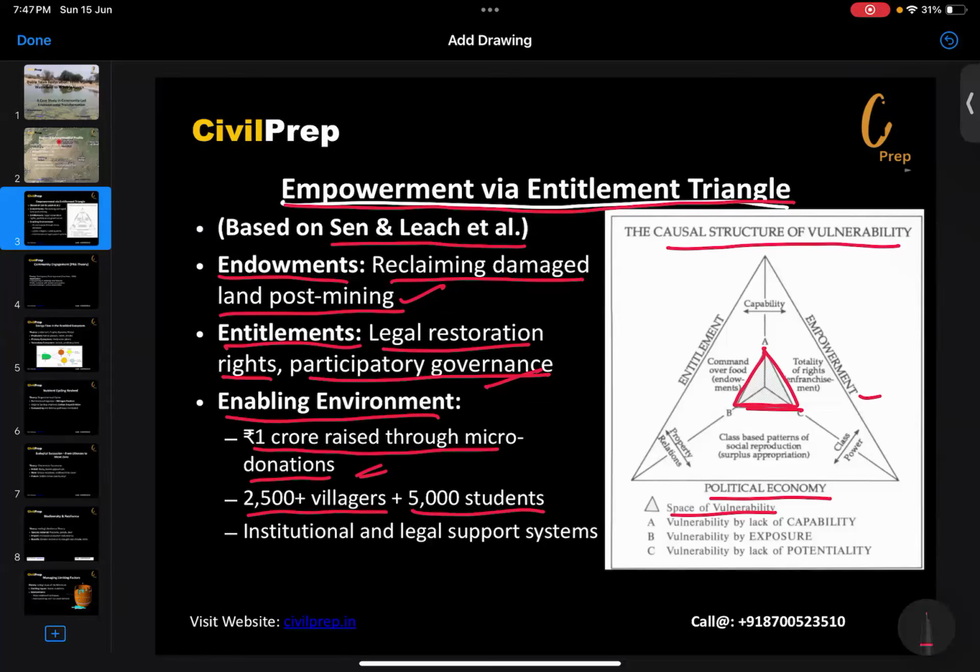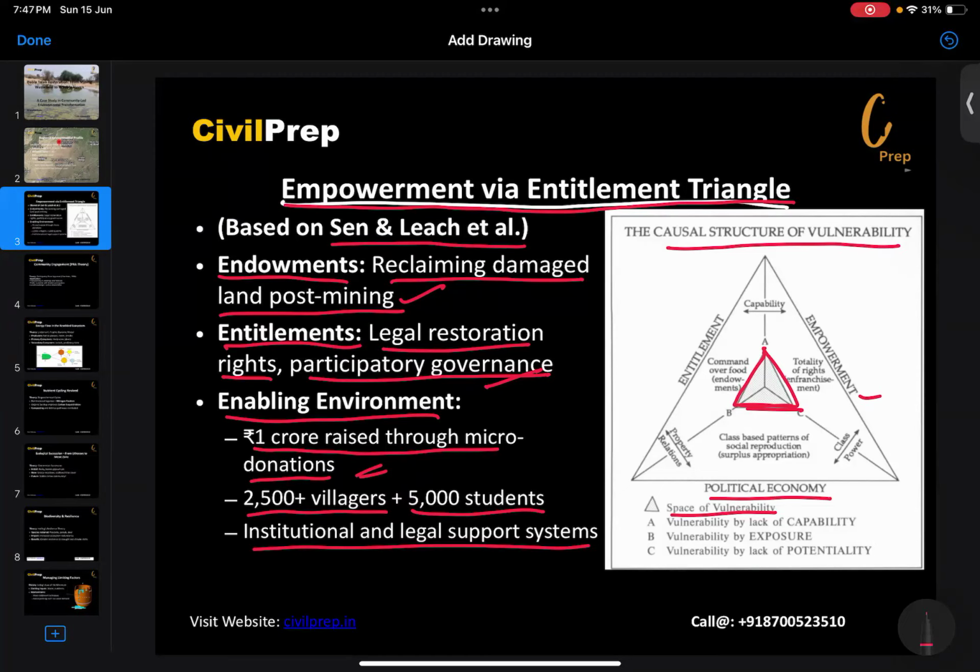Apart from this, institutional and legal support systems are also being provided to the people living in this region. This makes this particular setup, this complete area, very important for us to understand what models, what theories, what cases can be applied here, which help the people residing in this region so that they will be able to make their livelihood, survive in the changing environment, and restore the degraded land in the contemporary time.